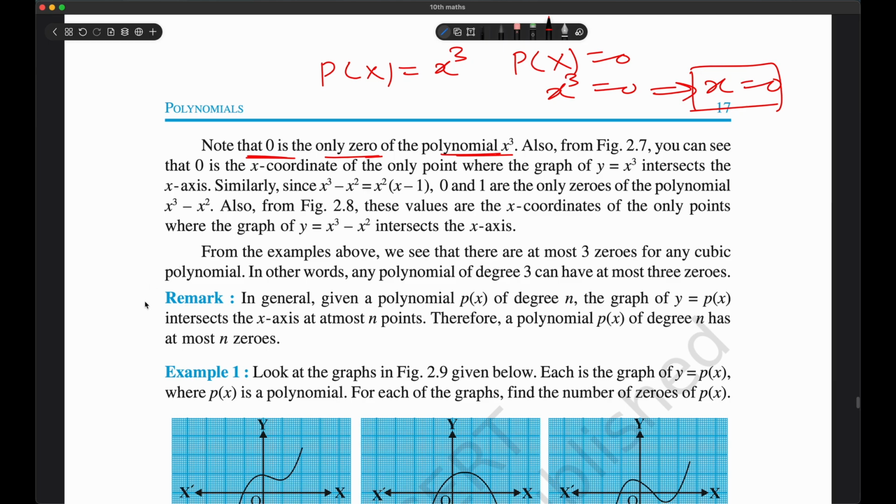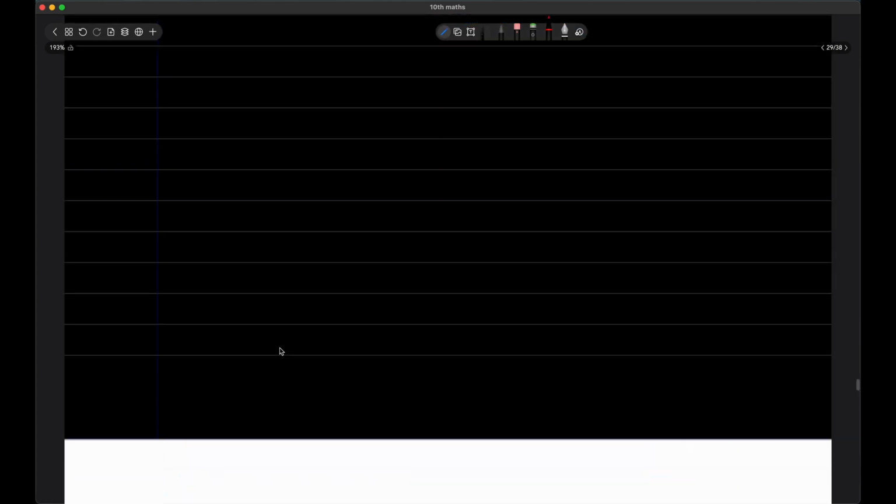There is a remark that in general, for p of x with degree n, y equals p of x intersects the x-axis at most n points. Therefore, the polynomial p of x of degree n has at most n zeros of the polynomial.